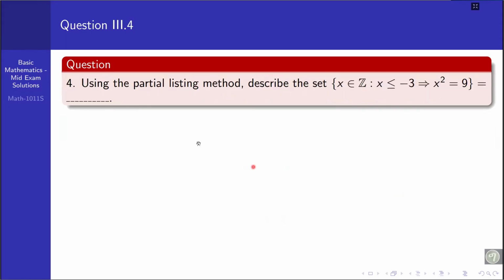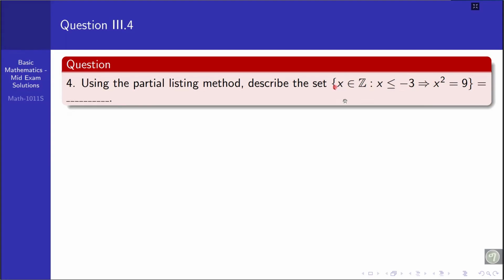The next question: using the partial listing method, describe the set containing x, an element of Z, such that x is less than or equal to minus 3 implies x squared is equal to 9.